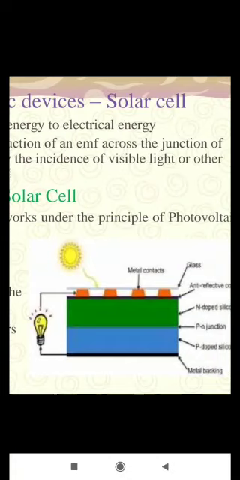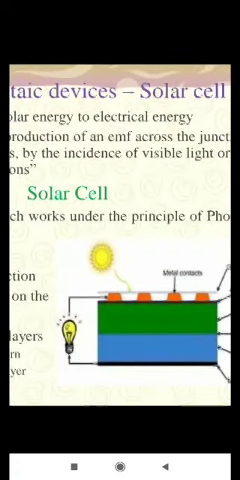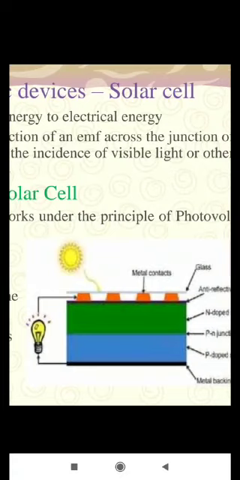These two electrical contact layers comprise a metallic front grid pattern and a metallic back contact layer. As you can see in this figure, the shaded grid pattern seen at the front face of the cell constitutes the metal contact, that is the metallic front grid pattern, the one in orange color.